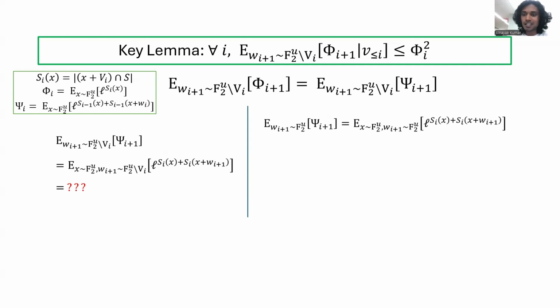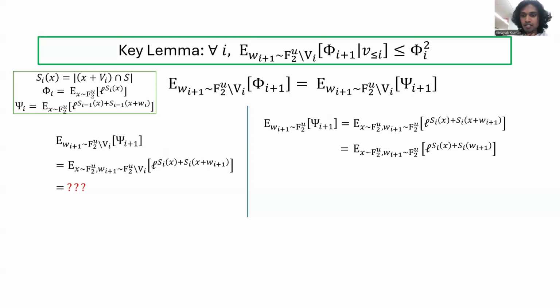This is basically because if x and w are linearly independent, so are x and x plus w. Because of this fact, the average doesn't change if we replace x plus w with w.